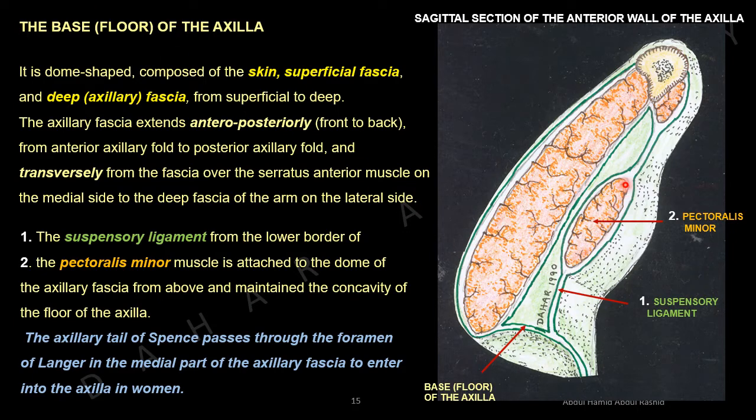This is the pectoralis minor muscle. This is its lower border. This is the suspensory ligament, and this is the base of the axillary fascia. Number 1, the suspensory ligament from the lower border of the pectoralis minor muscle is attached to the dome of the axillary fascia from above and maintains the concavity of the floor of the axilla.